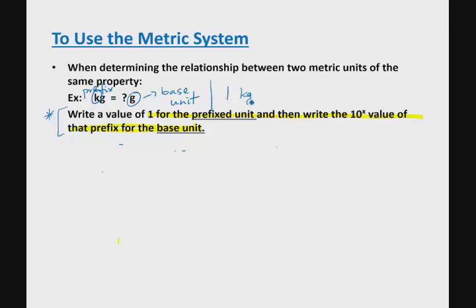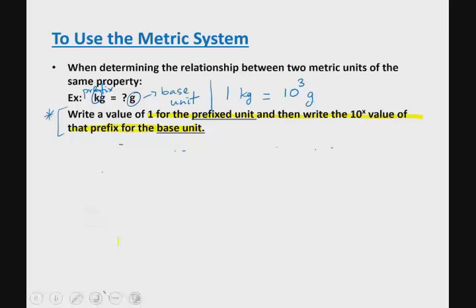In this case, kilogram is the prefixed unit. And then the numerical value associated with the prefix kilo goes in front of the base unit. If you go back to the table, the numerical value that is associated with kilo is 1000, or 10 raised to 3. That goes in front of the base unit.